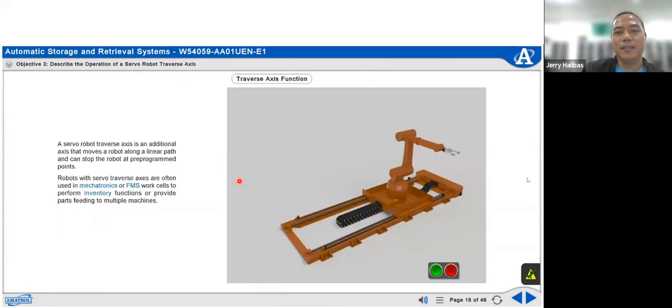Okay, so let's proceed. We add additional movement to the articulated robot. This time it is called the transverse access function. It says robots with servo transverses are often used in mechatronics or flexible manufacturing system work cells to perform inventory functions to provide parts feeding to multiple machines.